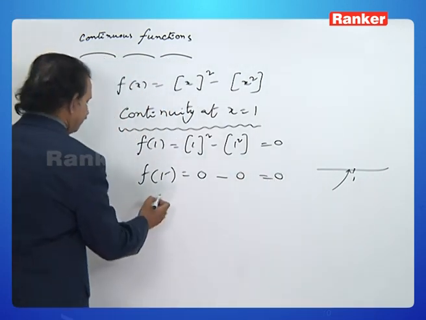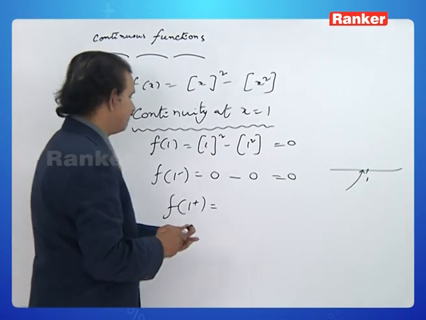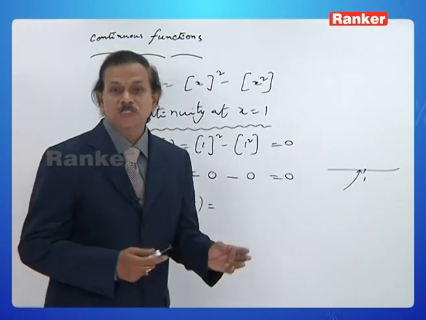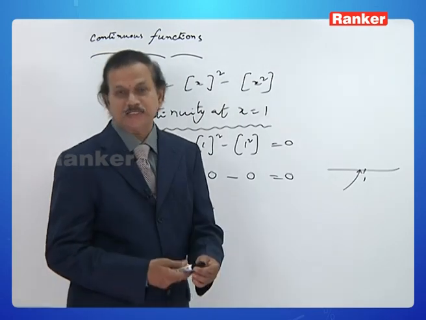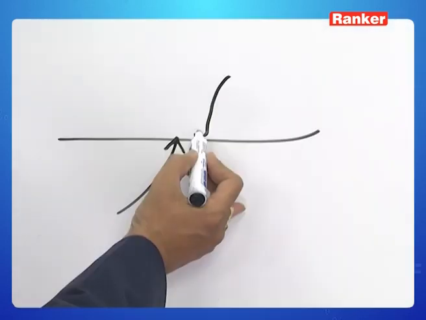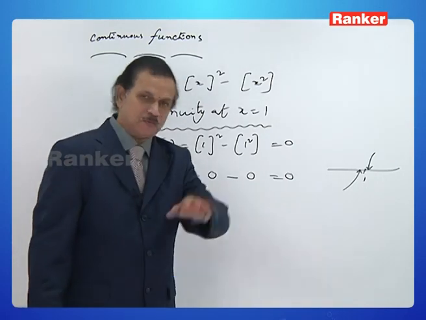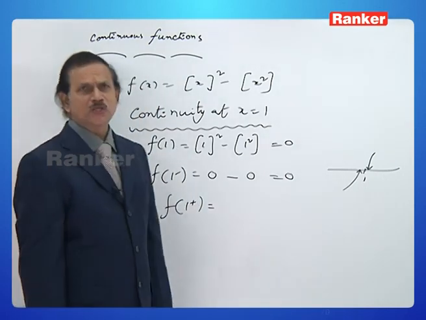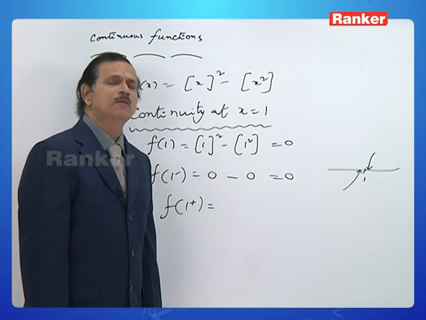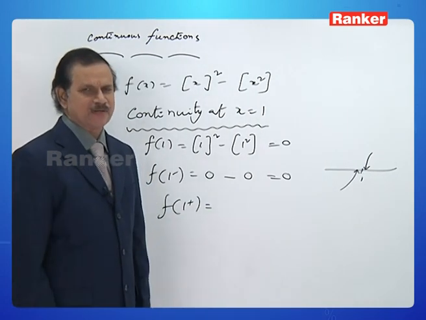Okay then, f of 1 from right. What is f of 1 from right? In this consideration, where should we consider x to be? X is supposed to lie to the right of 1, that is more than 1. And you can imagine x as 1.000001, that is, of course, 1 plus h.